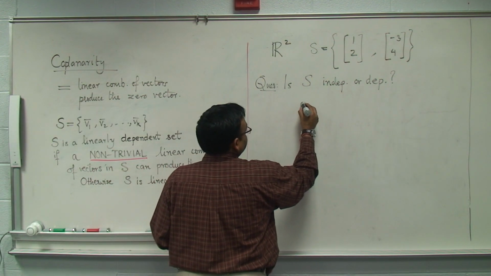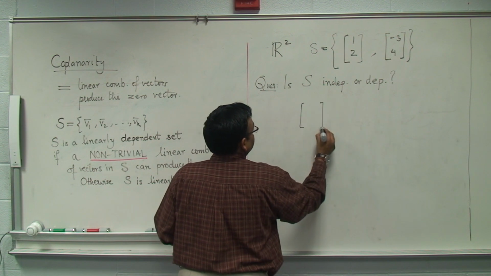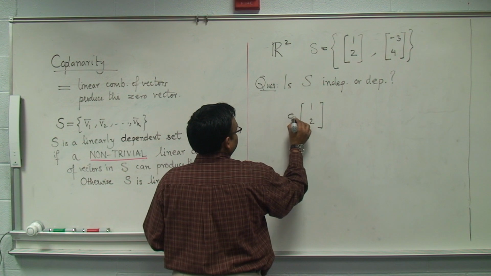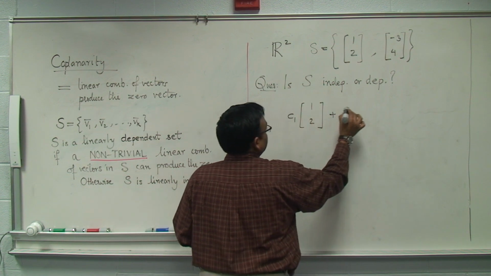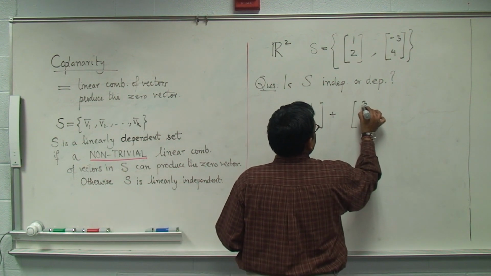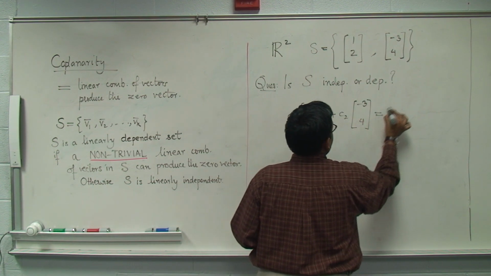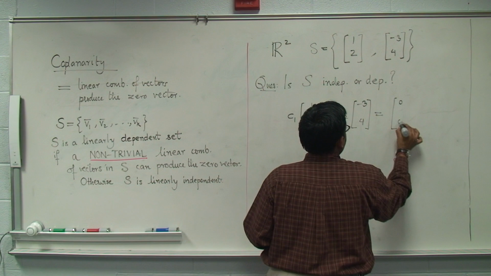So what we do is we start with our definition. We have this vector. Let's call this vector as V1. We want to see if the linear combinations of these two vectors can produce me the 0 vector.